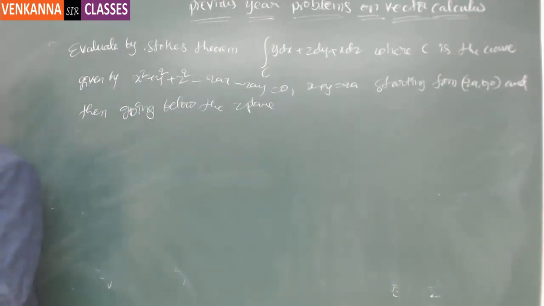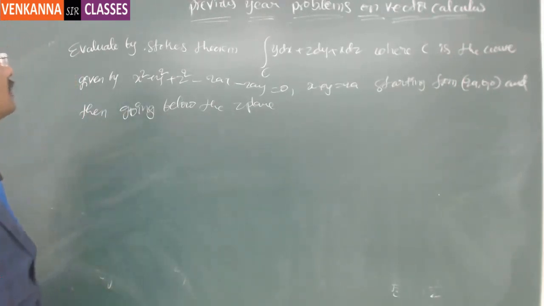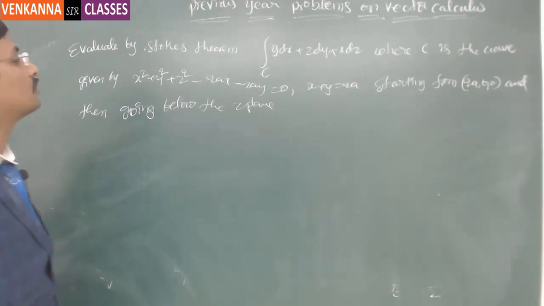Anybody got the answer for this? Okay, let me solve this. See this, x square plus y square plus z square minus 2ax minus 2ay is equal to 0.